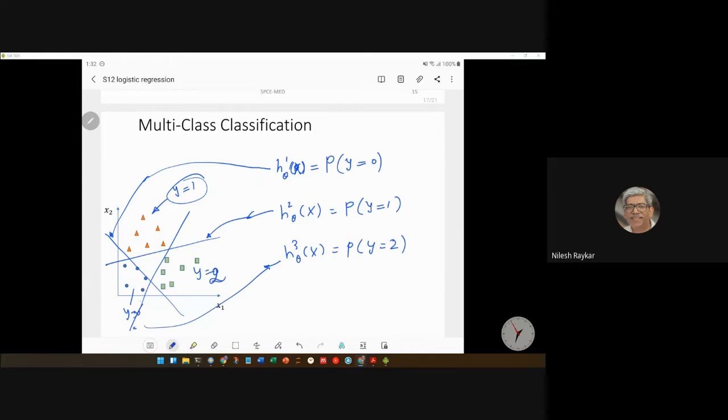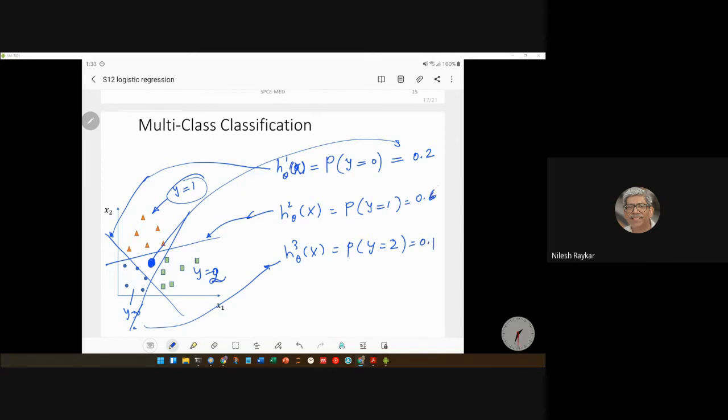So you have to make as many hypothesis functions as there are labels, and each of these gives a value. For example, you are trying to predict for a particular sample whether it belongs to class 1, class 2 or class 3. Using the first hypothesis function you get a probability of 0.2, from the second you get, let's say, 0.6, and from the third you get 0.1.